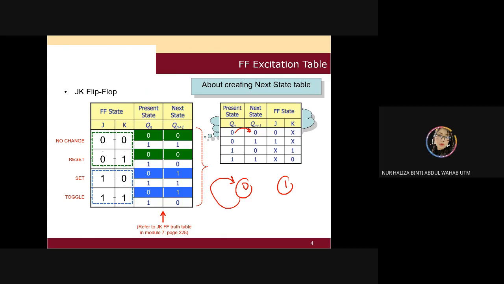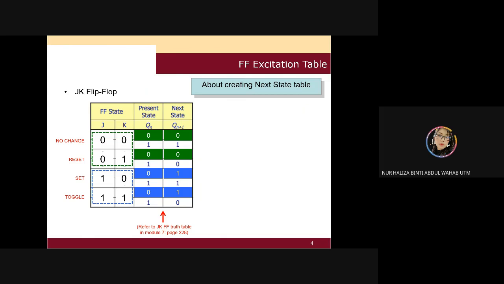And then you can have 0 to 1. And after that, you have 1 to 0. And then 1 to 1. Okay, so before I refer to the excitation table, I have this table.